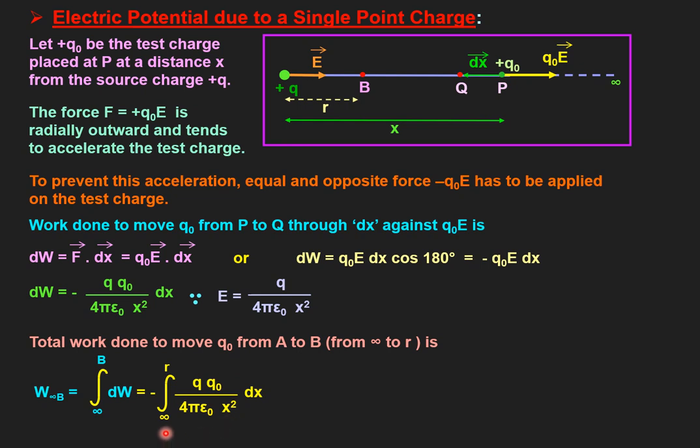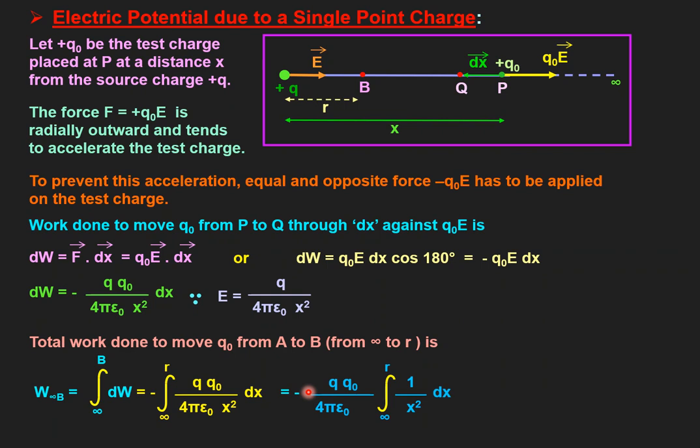Integration starts from where we are starting, infinity, till the point where we have to bring it, a separation of r. So in this dx, x should vary from infinity to a separation of small r with respect to the source charge.